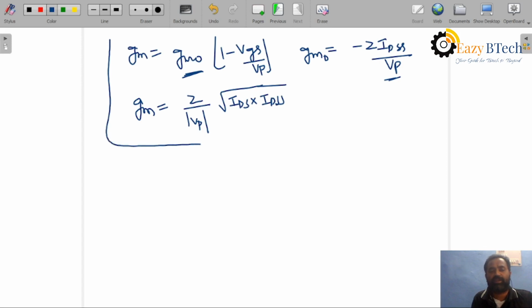These are the formulas. Depending upon the given requirement, you have to choose the transconductance formula.